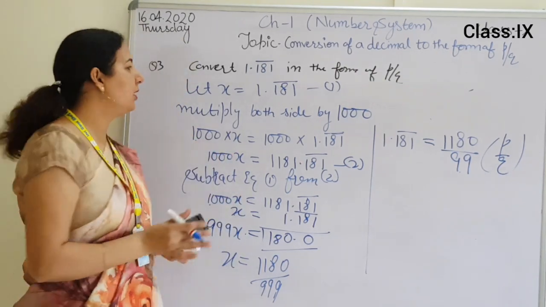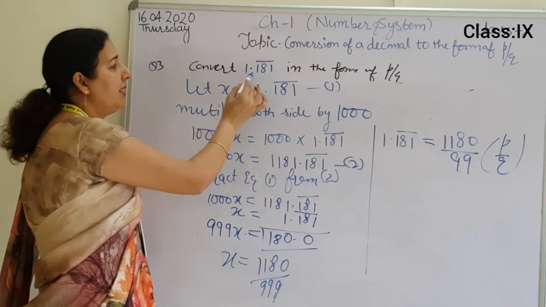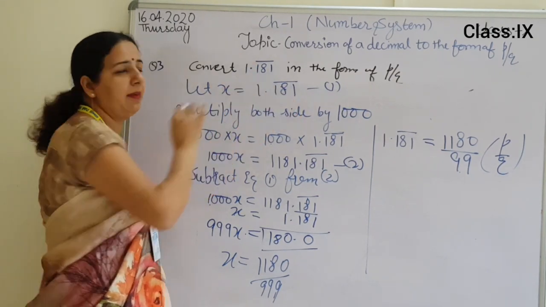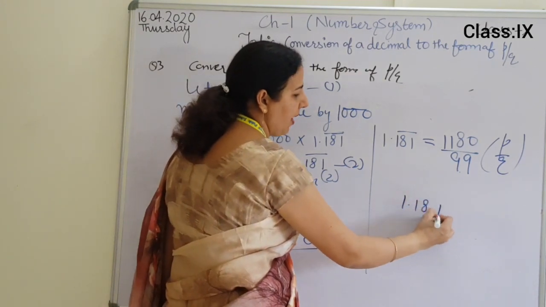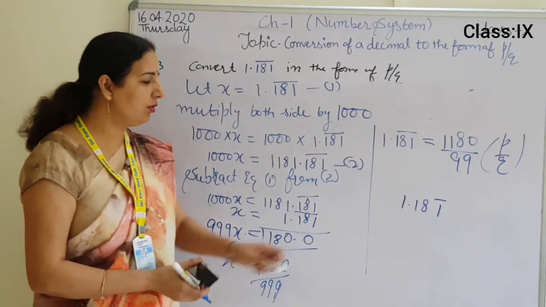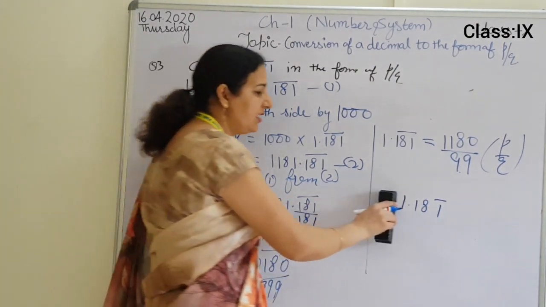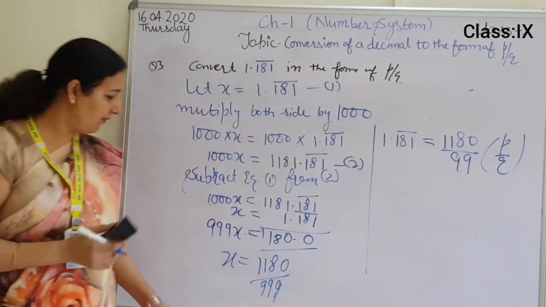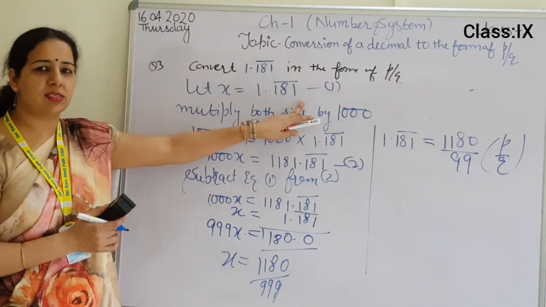And one more thing, students: in these examples, the bar is on all the numbers after the decimal. But the question can be in another form also, where bar is only on one number. So don't be worried. We will do these types of questions in our next class. Today I have discussed only questions in which all the numbers after the decimal have the bar sign.